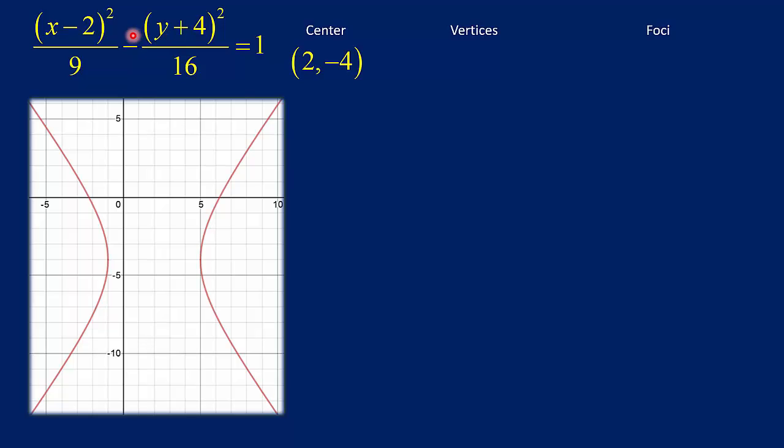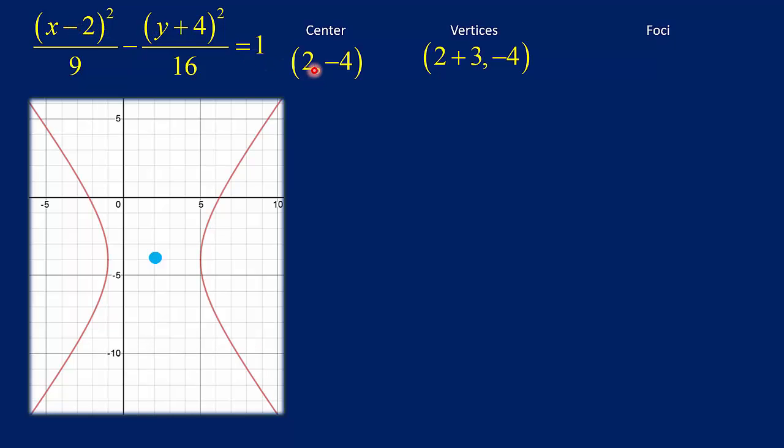See? So remember, the way we get the center is something that's familiar to us. We get the x-coordinate from the parentheses with the x, only opposite. The y-coordinate from the parentheses with the y, only the opposite. Now, as far as the vertices go, we're going to take the center.